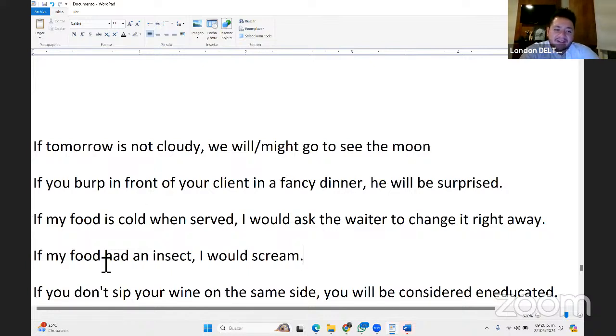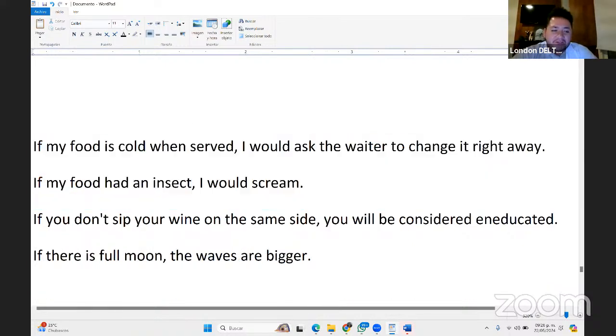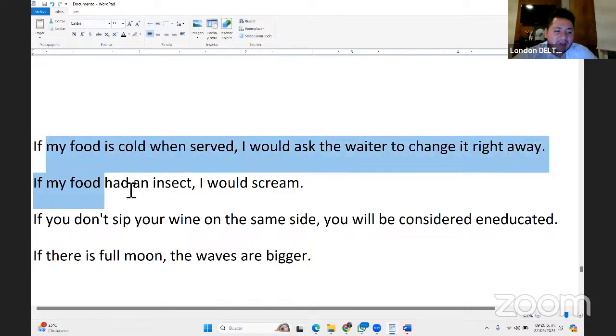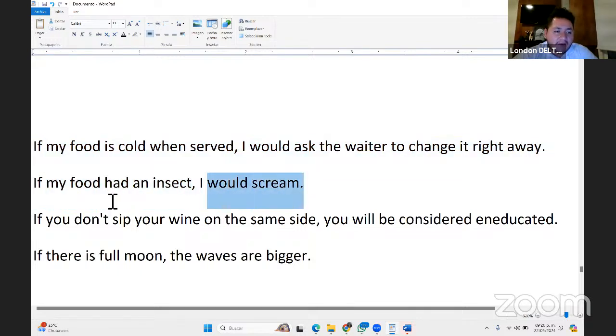But check the difference between this sentence and the sentence with this. If my food had an insect, I would scream. So here we are talking about something that can happen, but it's not common, right? So I would say it's just a supposition, right?